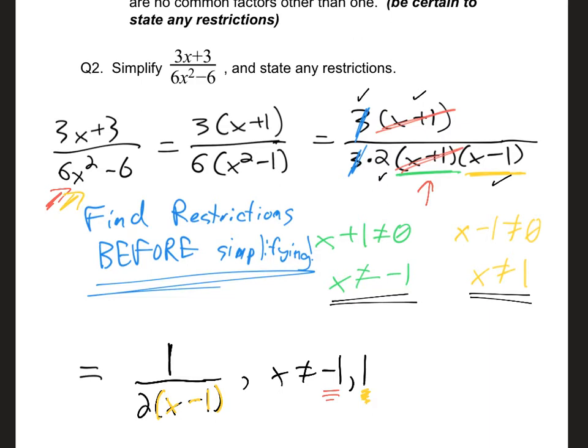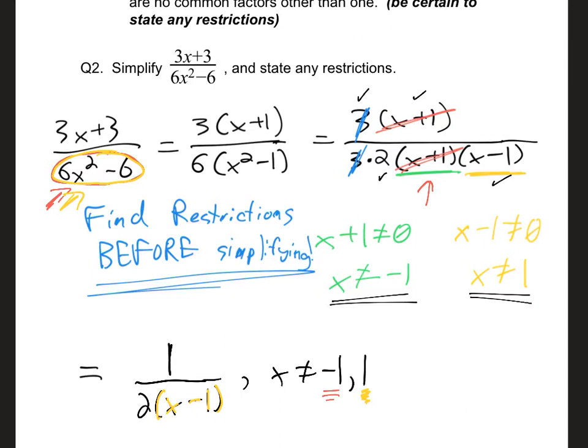You can see that if I put x equals negative 1 in for x in the original expression, I would get 6 times negative 1 squared, which would be 6. So 6 minus 6, which would be 0, which would turn that denominator into 0. If I put a positive 1 into this original denominator, I would get 6 times 1 squared, so I would get 6 minus 6, that would also be equal to 0.